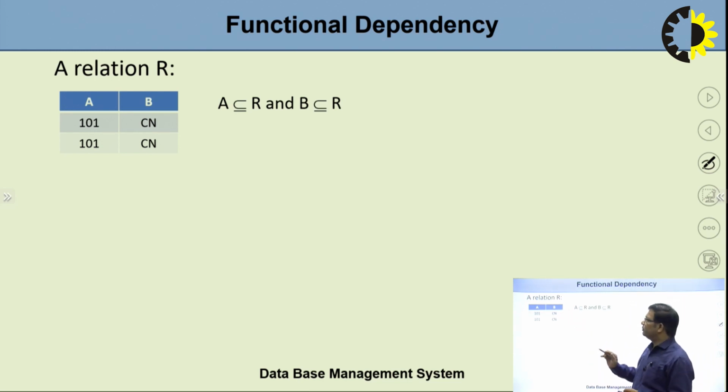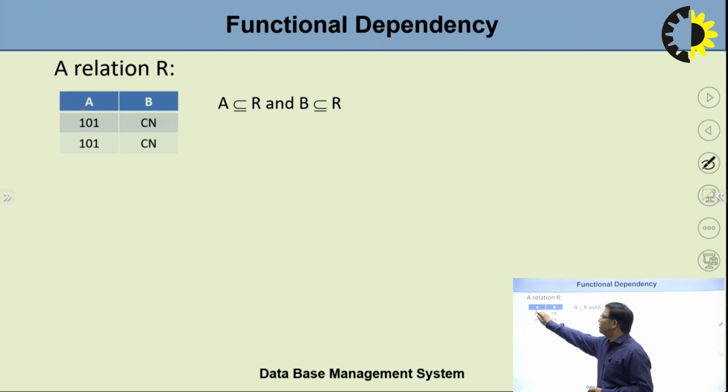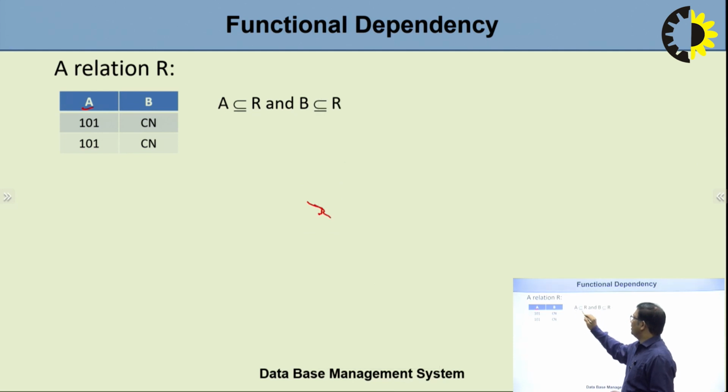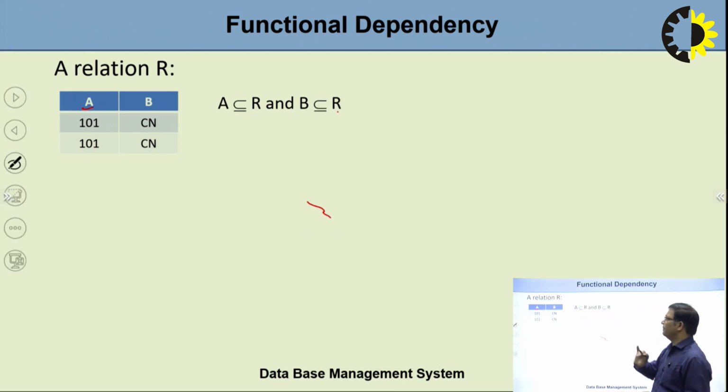Okay. So, what is in column A? 101 and 101, and in a similar way, what is in column B? The CN and CN. Okay. So, R is a subset of A. Similarly, R is a subset of B. So, A and B are both subsets of the relation R. A and B are the two column names.